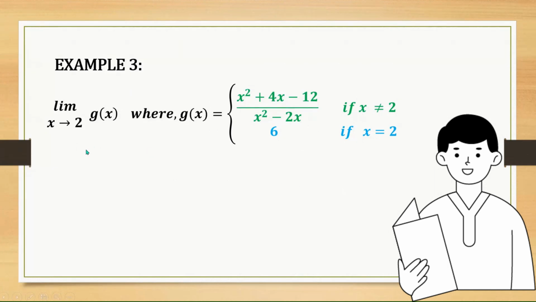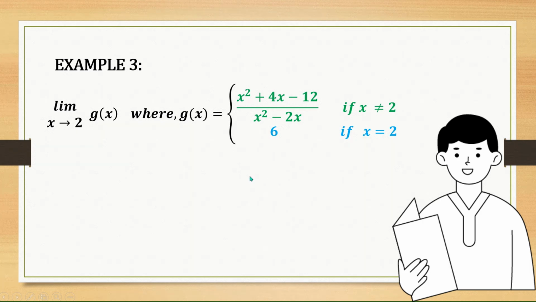Find the limit of the function g of x as x approaches 2, where g of x is a piecewise function: x squared plus 4x minus 12 all over x squared minus 2x if x is not equal to 2, and 6 if x is equal to 2. By the way, maybe some of you are having difficulty interpreting a piecewise function.